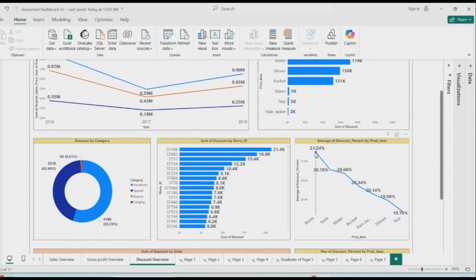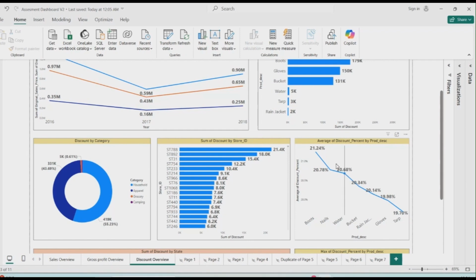So here you'll see the maximum average discount is for boots, which is around 21.25%, wherein nails has 20.78%. The lowest is for top, which is 19.70%. So from here we can clearly see that the average discount offered across the products lies between 20% to 21.5%.